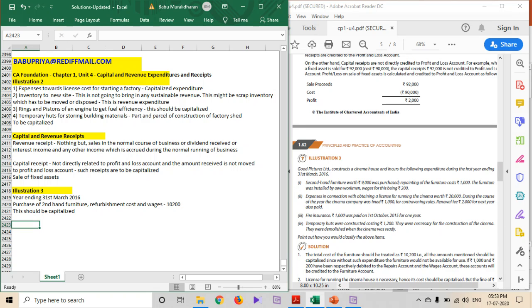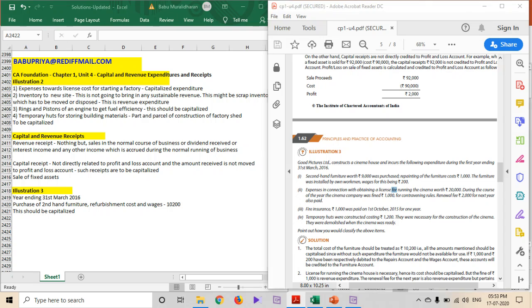The other option some people might have in view is that the wages are incurred by the own workman. Why can't this be taken into the profit and loss account? This is also another thought, but most likely we have to give a comment that wages paid to the workman is incidental. This is not the normal wages.